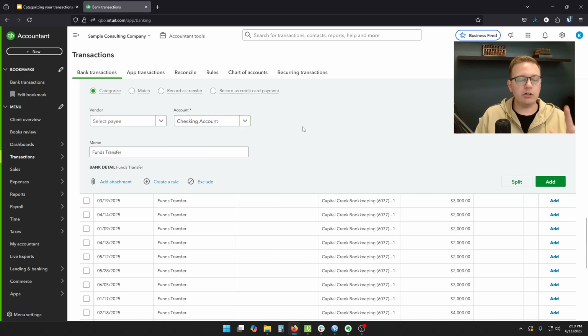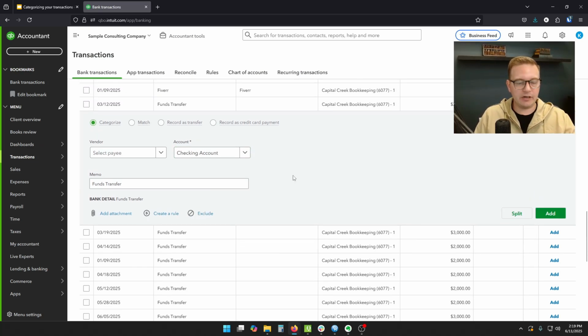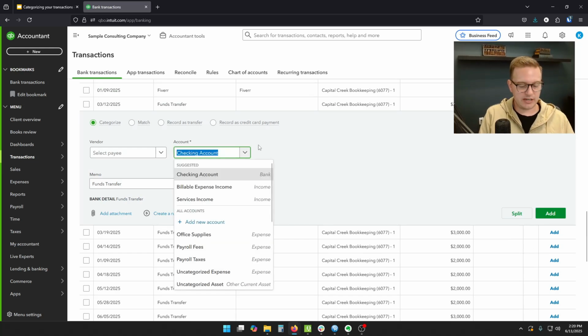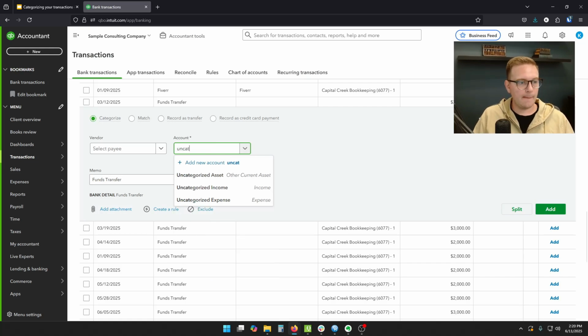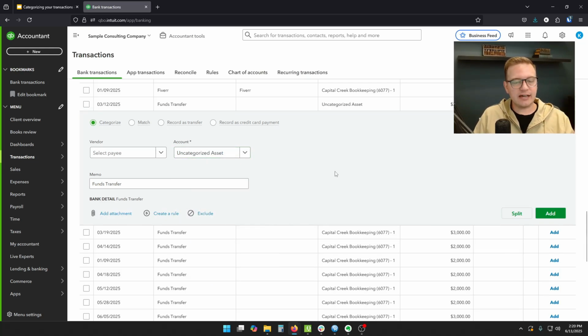I don't have an example here, but what you will see is a transaction where it'll assign the account as uncategorized asset. I don't know what an uncategorized asset is. It's not helpful. It doesn't make any sense. And I've had to fix this problem so many times over the last decade. This is always incorrect, and you want to make sure you assign this to the proper place and do it now, right? So just be on the lookout for that.